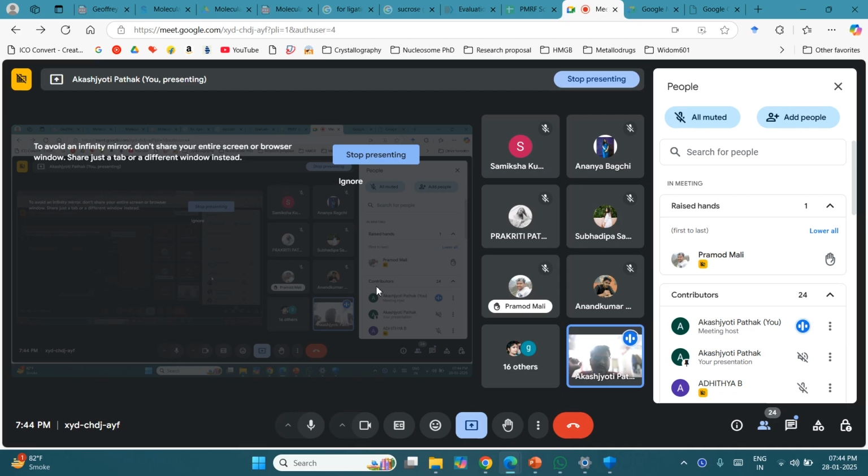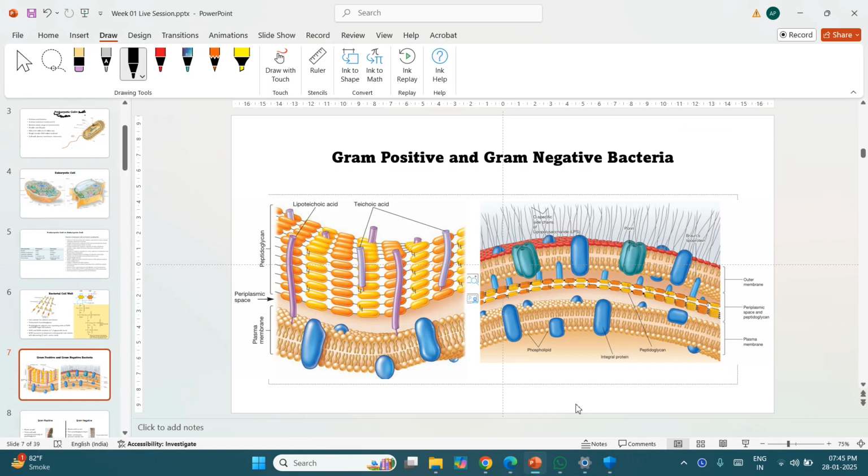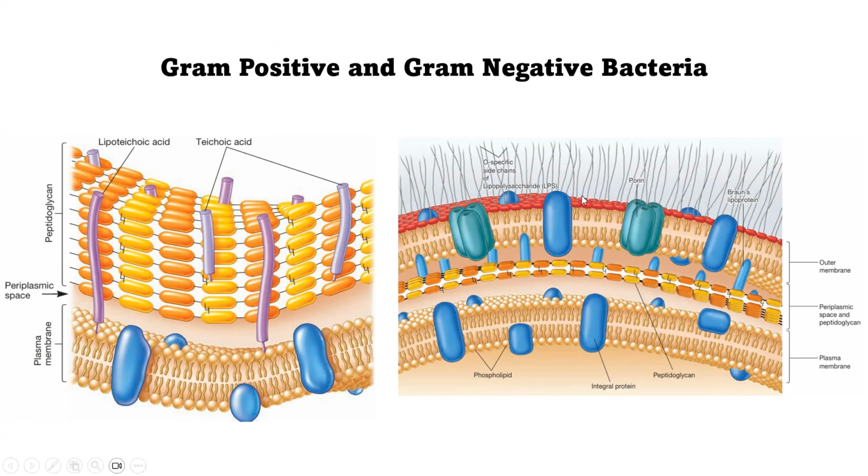It is based on whether a bacteria can take up the gram stain. If a bacteria takes up the gram stain, then we call it gram positive. And if a bacteria cannot take up the gram stain or it gets washed away, I think many of you have done this gram staining experiment in your practicals. If the crystal violet dye used for gram staining gets washed off during the decolorizing step, then we call it gram negative bacteria.